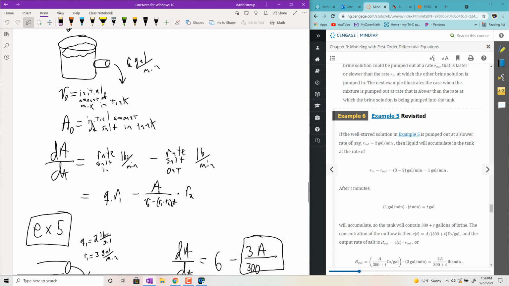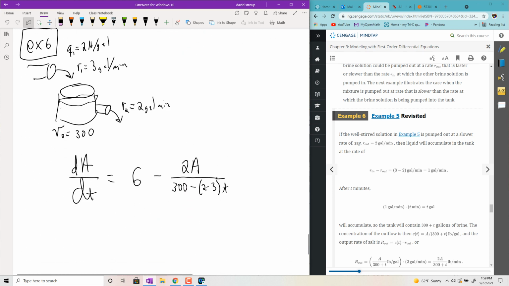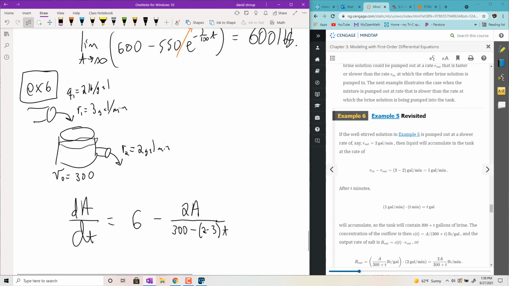Let's see if I get that formula. It's R2 minus R1, I guess. But whether it's 1 minus 2 or 2 minus 1, you should be able to think about it and intuitively change it so it works. So we're gaining 1 gallon per minute. The formula should be plus 1t, right?